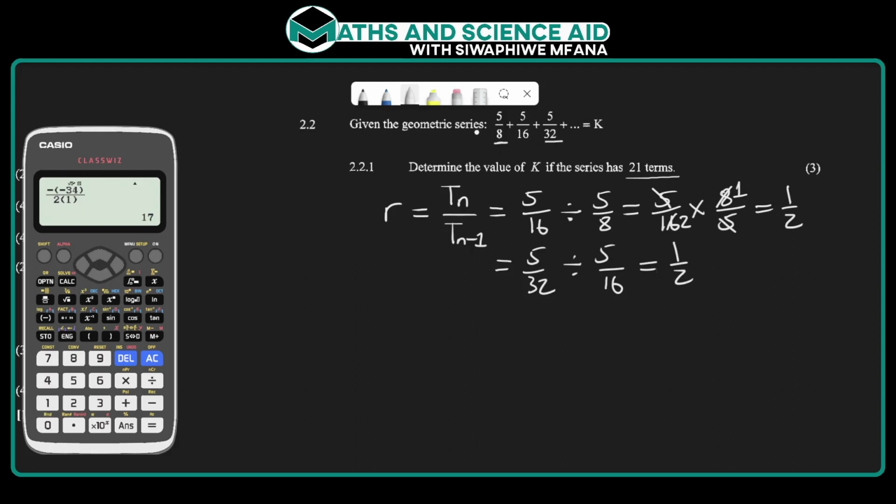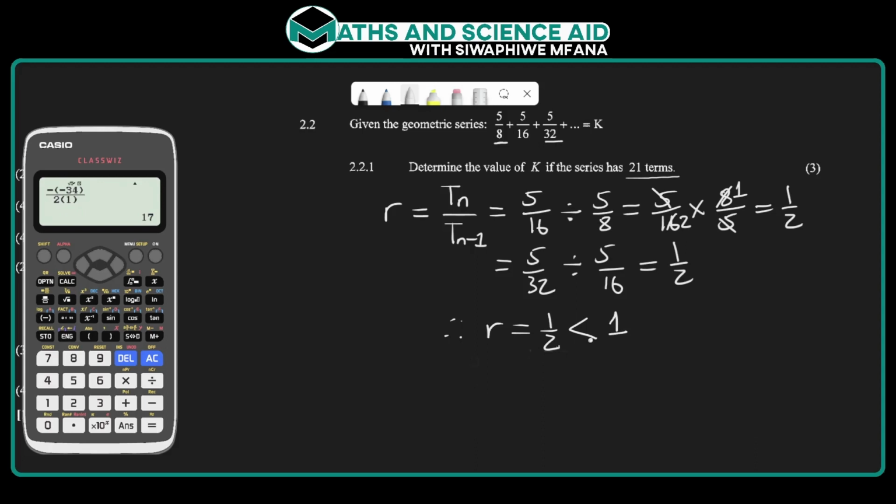Because in a geometric series, you have a constant ratio between any consecutive terms. And so our ratio r here, we can now conclude that our r value, which is equal to 1 over 2, is less than positive 1, right?